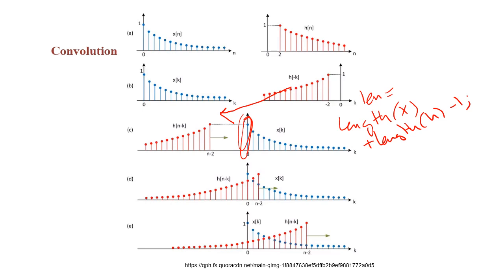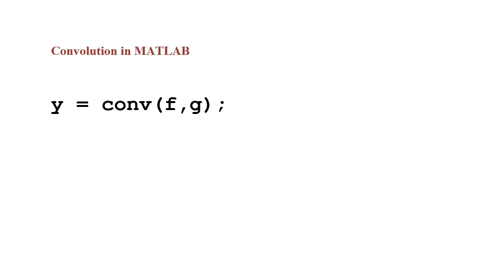We'll understand this further once we see actual examples. This is just a recap on how to use the convolution function in MATLAB: you can simply call y, your output variable, equal to conv of f and g, assuming we're convolving signals f and g.